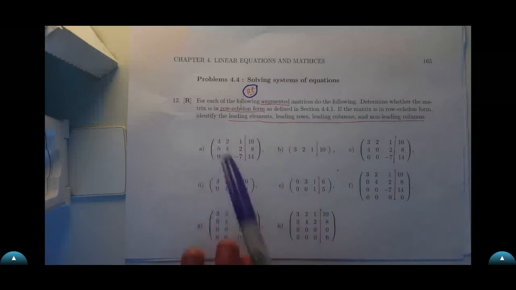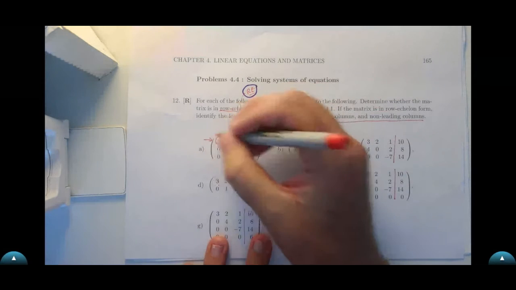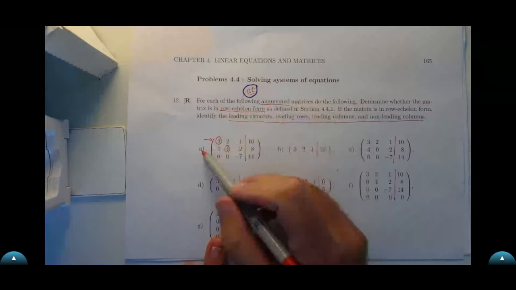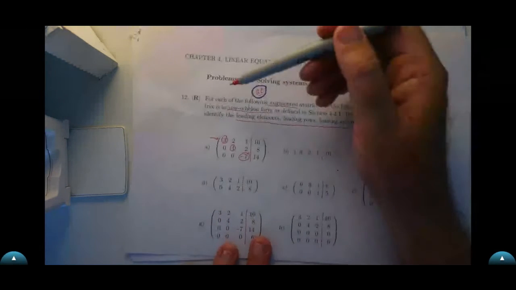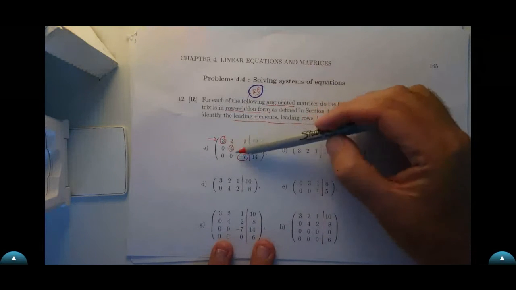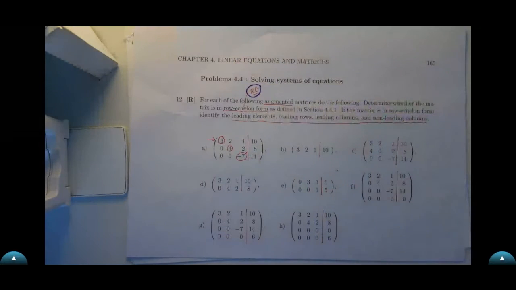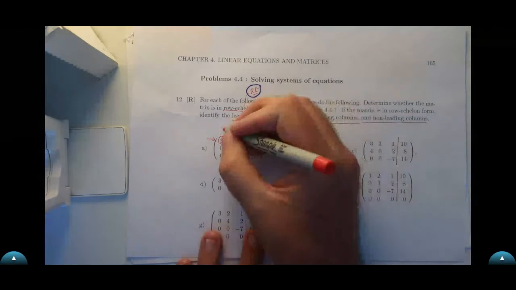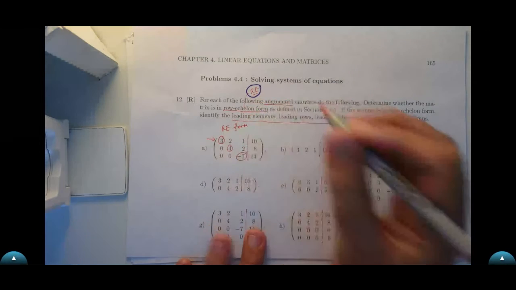If I circle the leading entry, so I go to each row and I go past all the zeros and I find the first non-zero term, you can see as I go from top to bottom, these first leading entries move from left to right. So this definitely is in row echelon form.